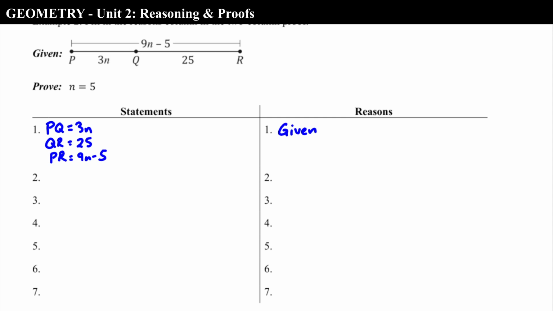All right, so now in our next step, we're going to state that PQ plus QR equals PR. That's something that we learned last unit, because anything that we learned in the previous unit is fair game, and that's the segment addition postulate.